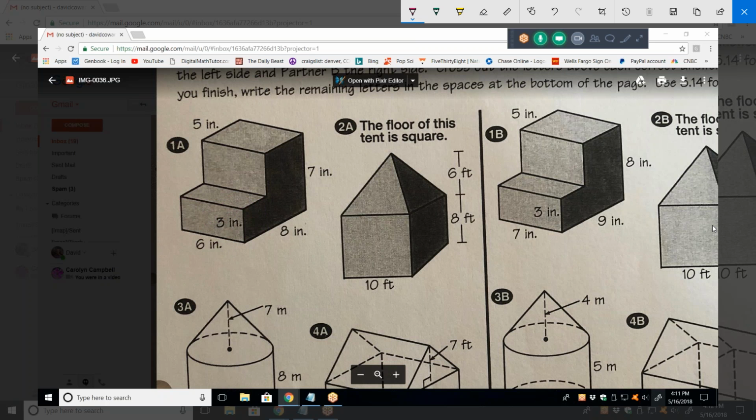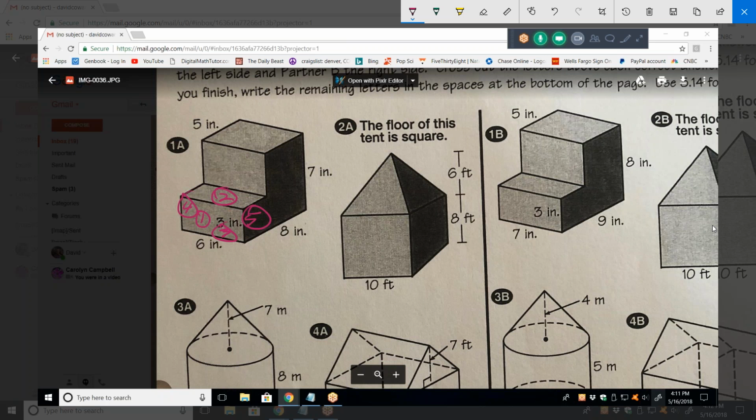So let's call them 1, 2, and 3, the top and the bottom. 4 and 5, the left and the right. You with me? Yes. Okay.